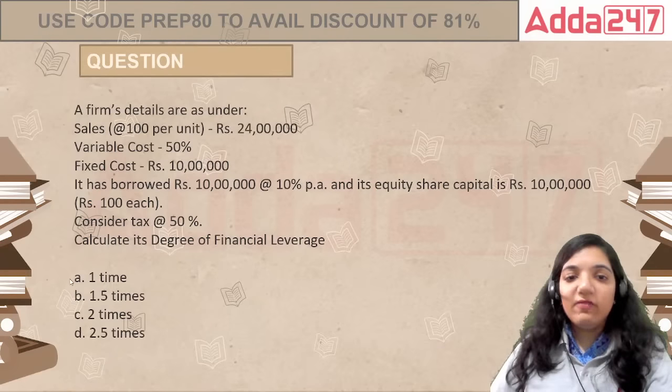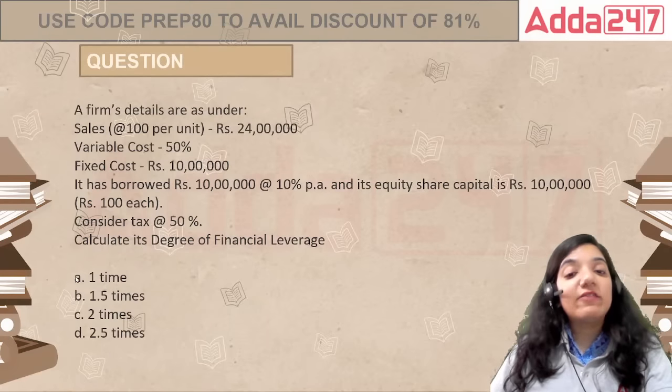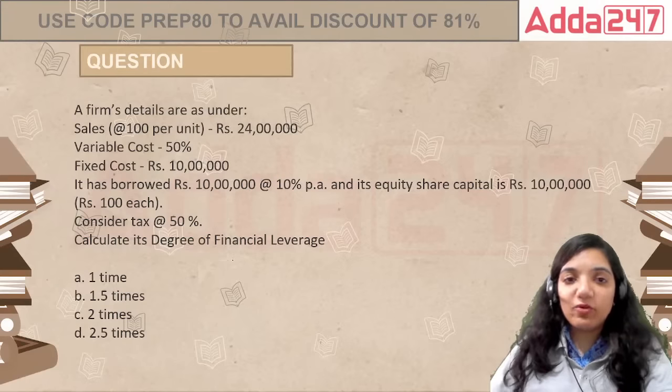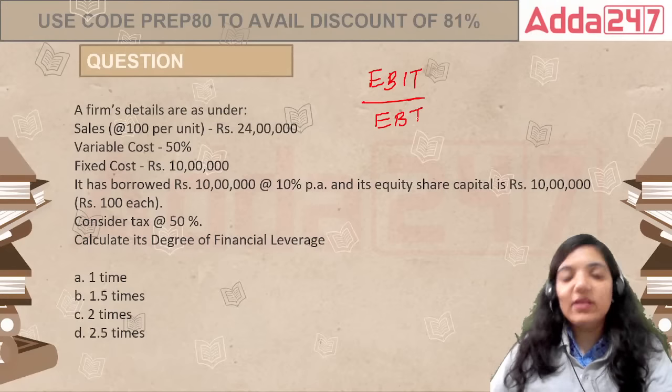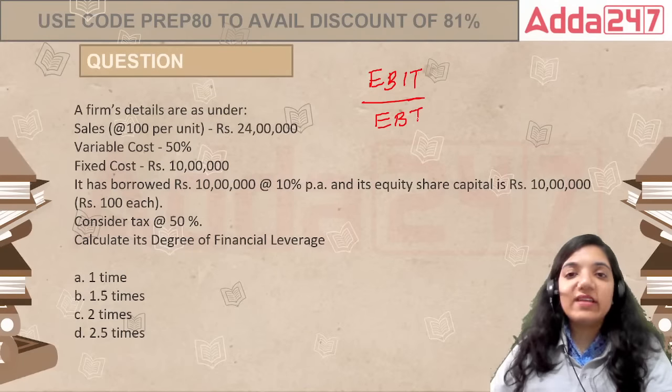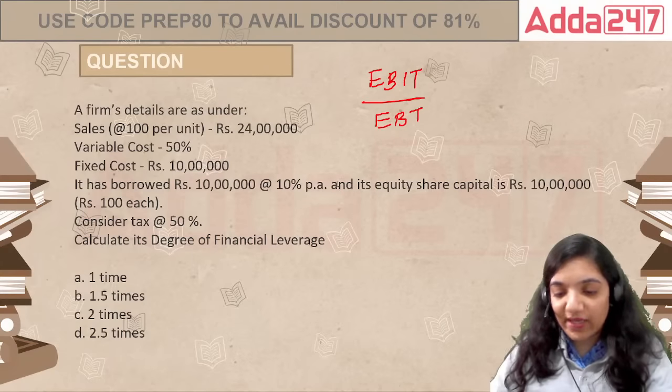Now when we talk about this question, it would be in terms of degree of financial leverage. The formula here would be EBIT upon EBT. It is EBIT divided by EBT: earning before interest and tax, divided by earning before tax. How do we solve this question, everyone? Quickly, go ahead and answer.